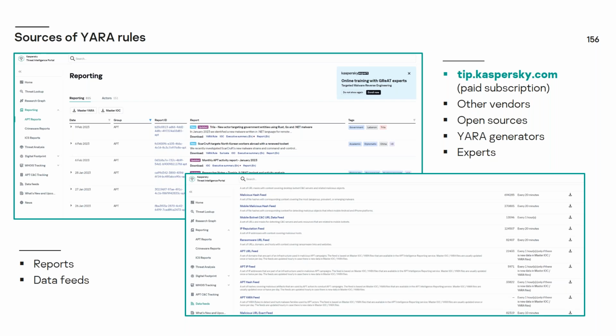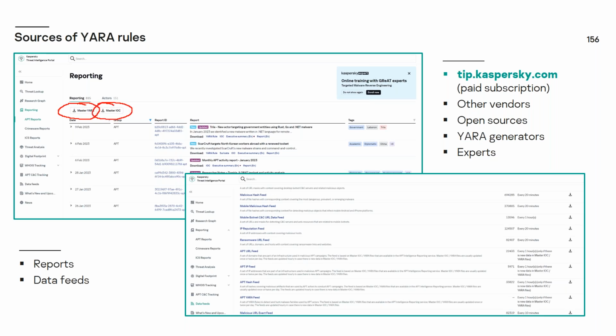What you're seeing in the background here is actually the threat intelligence portal of Kaspersky. Now, the threat intelligence portal is a paid subscription for our customers. This means that when you go to APT reporting and our threat reporting details, you'll be able to download things like the master YARA rules and the master IOC files.